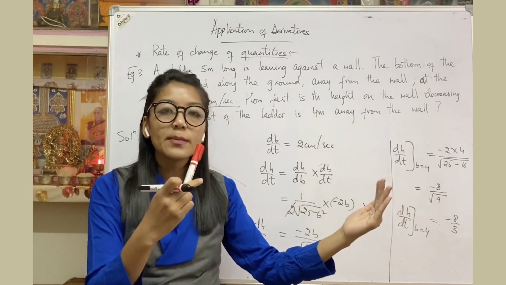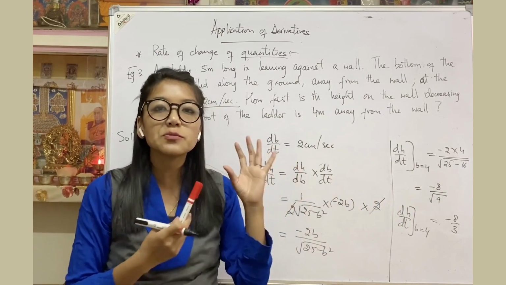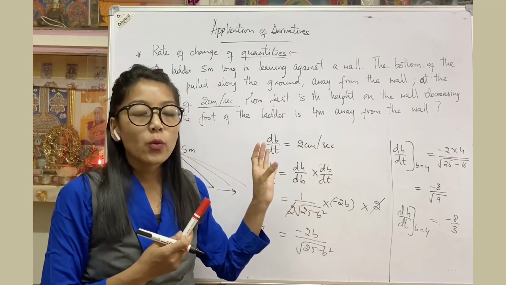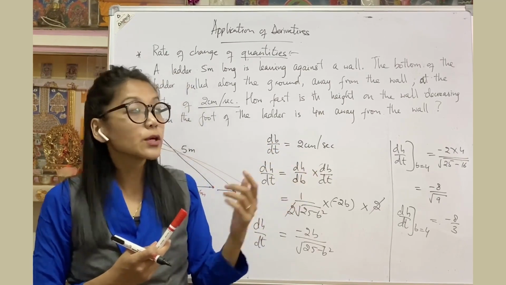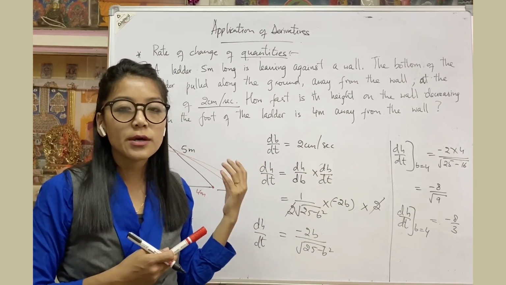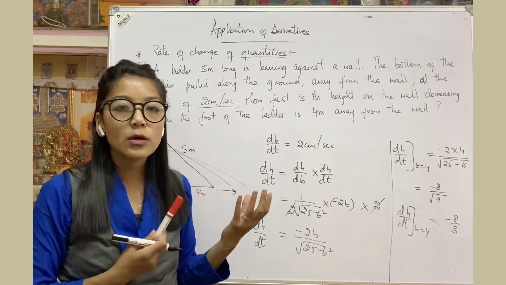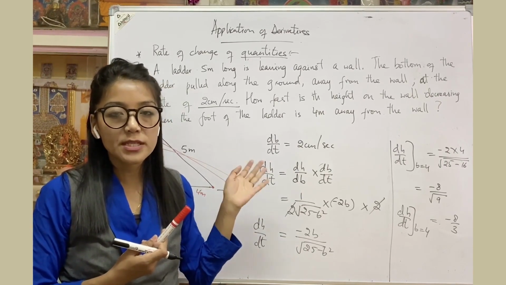Therefore dy by dt is equals to dy by dx into dx by dt. So the concept of chain rule is to be used when you are given a third variable, time, in the question. I think now with these 3 examples you will be a little bit clear about how this derivative is to be applied in this particular topic.